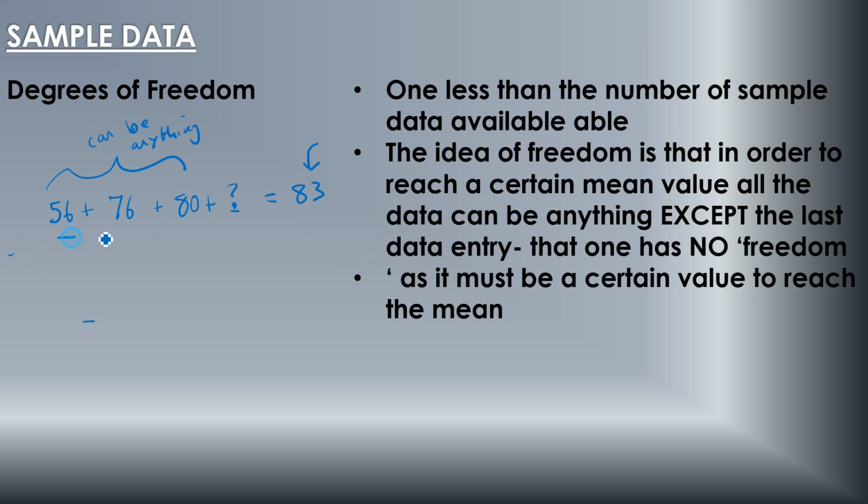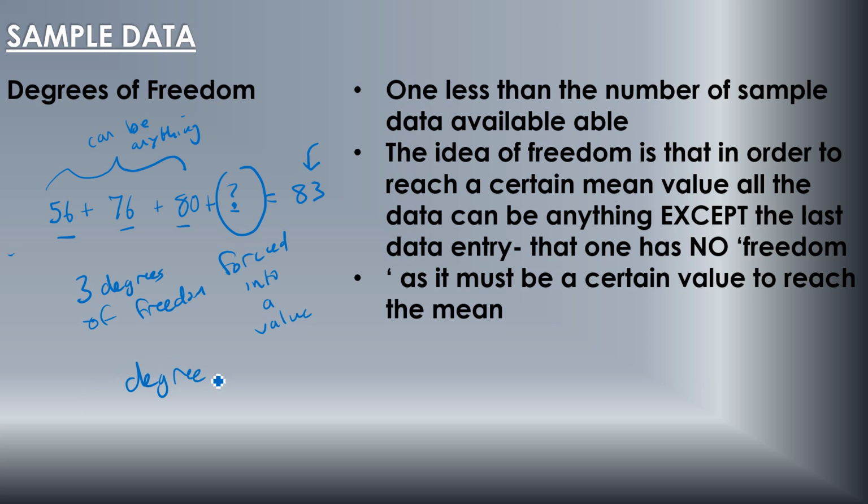But after I have this score, this score, and this score, the last one is forced into a value. It has to be something after these other three. So we would say in this situation that there are 3 degrees of freedom. And in general, if we have a certain number of data, our degrees of freedom is 1 less than our sample size.